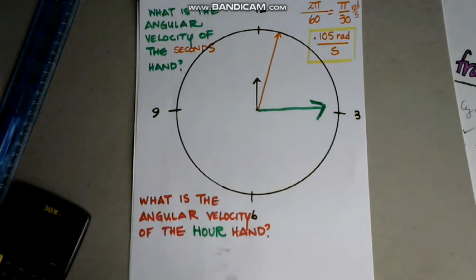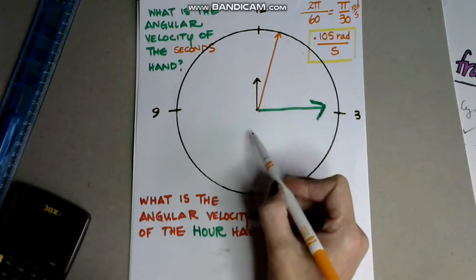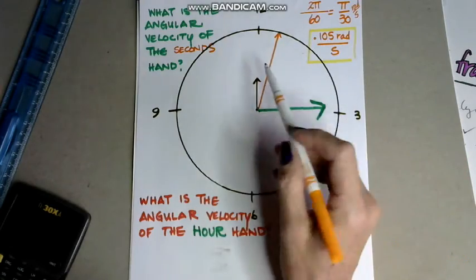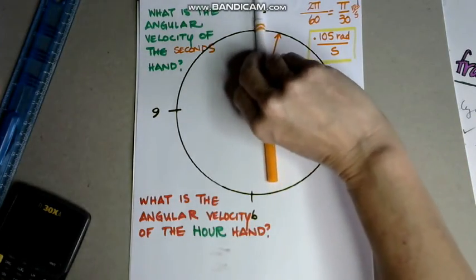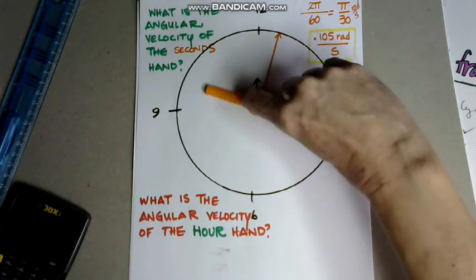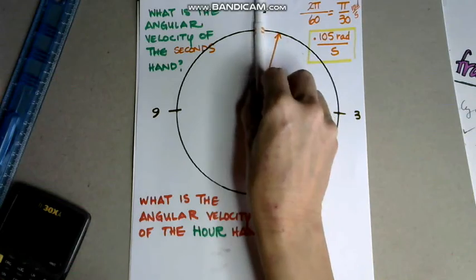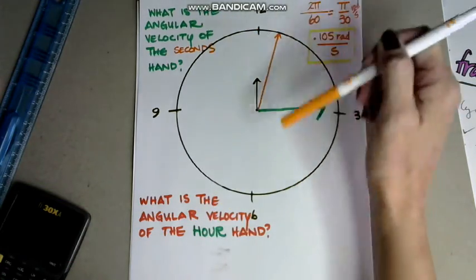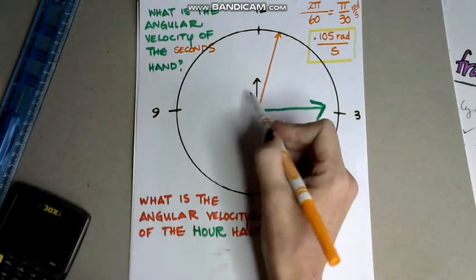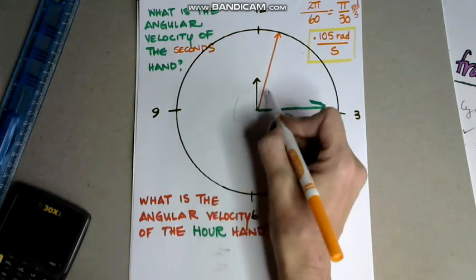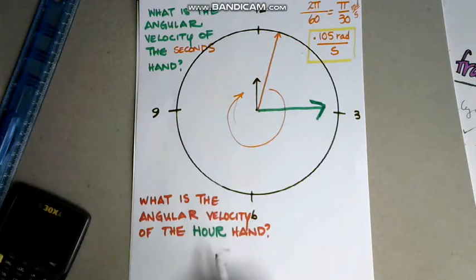Okay, for the hour hand, if my hour hand is working properly, how many times a day does it go all the way around? Well, it's 12 twice in a day. So I know that my hour hand takes a long time to go all the way around.